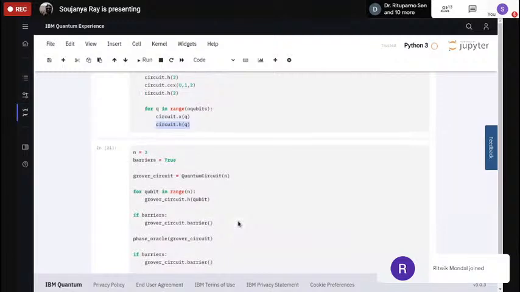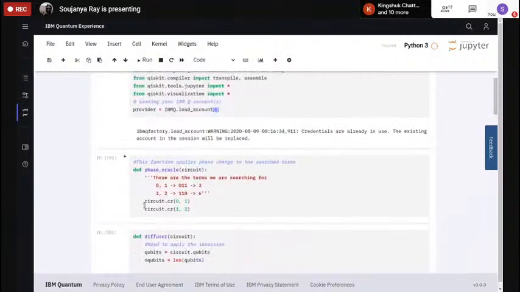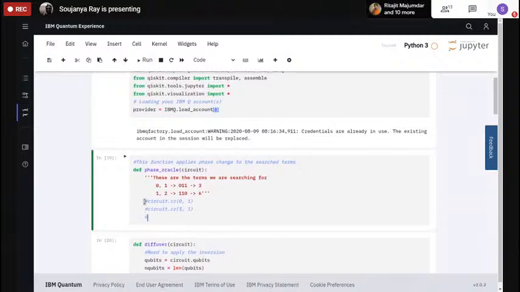Now let's turn off number 3 and number 6, and program it to find 5.